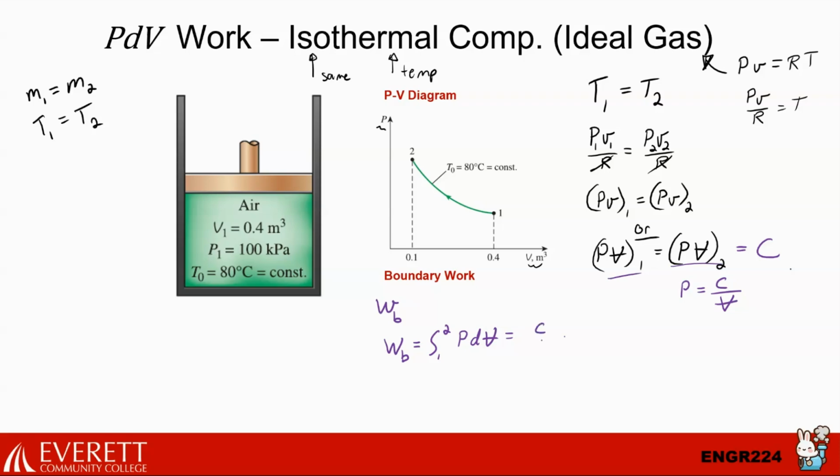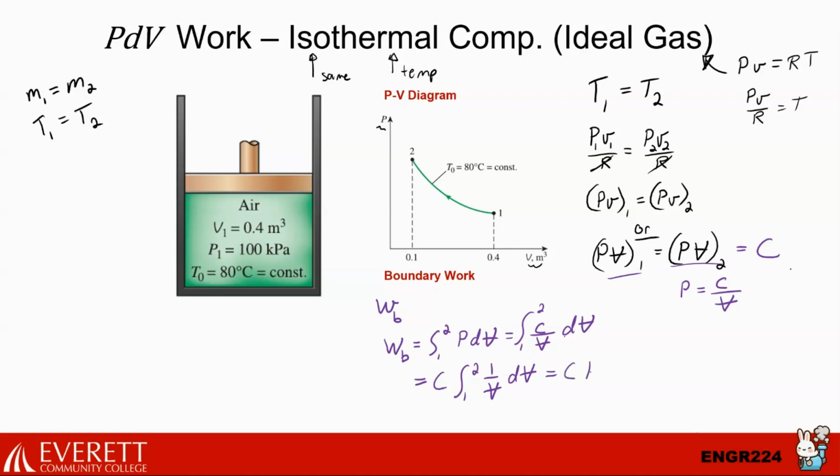If we put that in here and do the integration, something happens. We know that in this particular problem, C is the thing that remains constant. Yes, it's a combination of pressure and volume, but it remains constant, so that comes outside the integral. Then I'm left with this 1 over V dV component. What comes out of that, if you remember calculus, is a natural log.